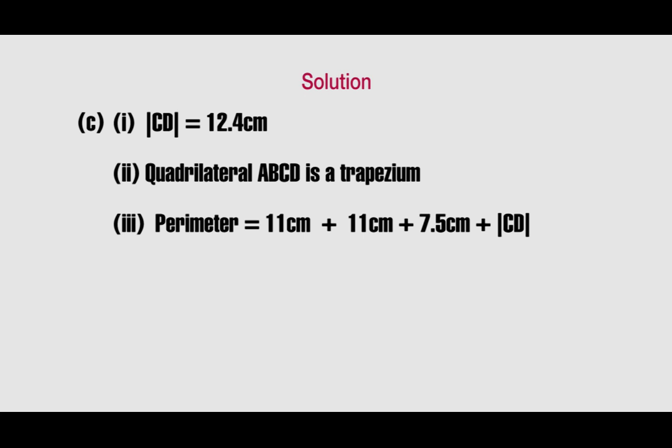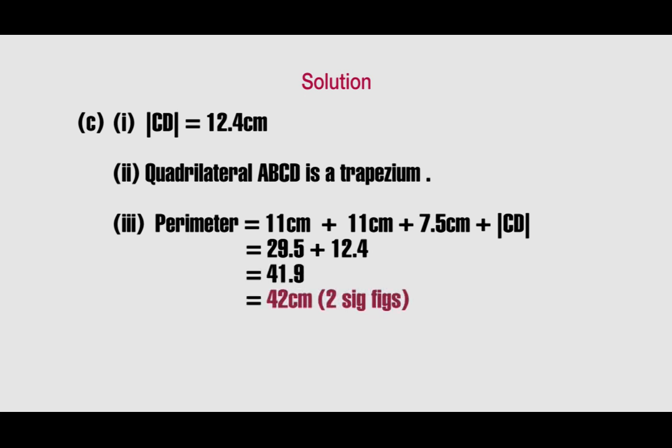So that will give us 29.5 plus 12.4, which is equal to 41.9. So to two significant figures, our answer would be 42 centimeters. Therefore, the perimeter is 42 centimeters. Good.